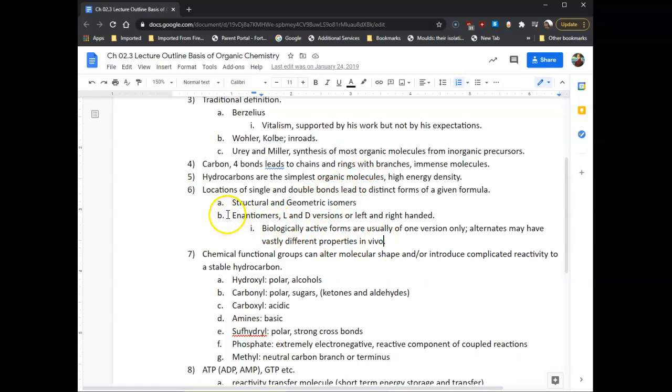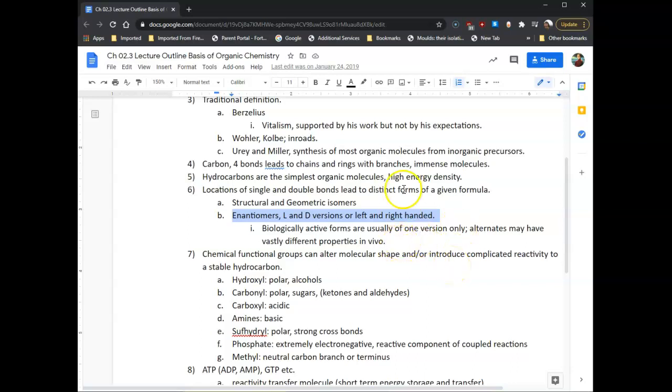And then finally, we talked a little bit about the very important idea of left and right, levorotatory and dextrorotatory versions of a molecule, and those are enantiomers. Those are our enantiomers. And for the record, every amino acid has a left and a right-handed version that could be produced, and inevitably we use the left-handed versions of them.